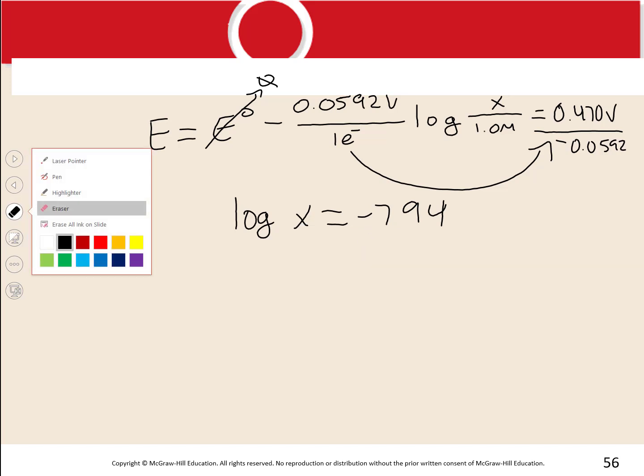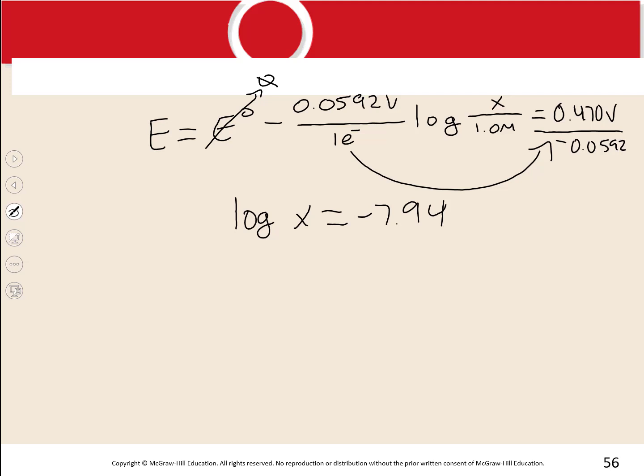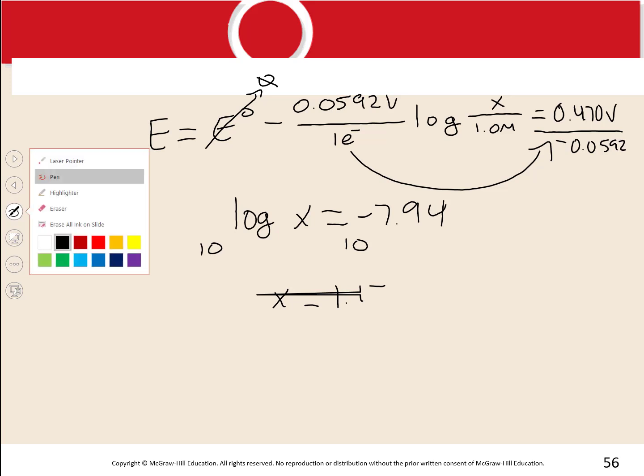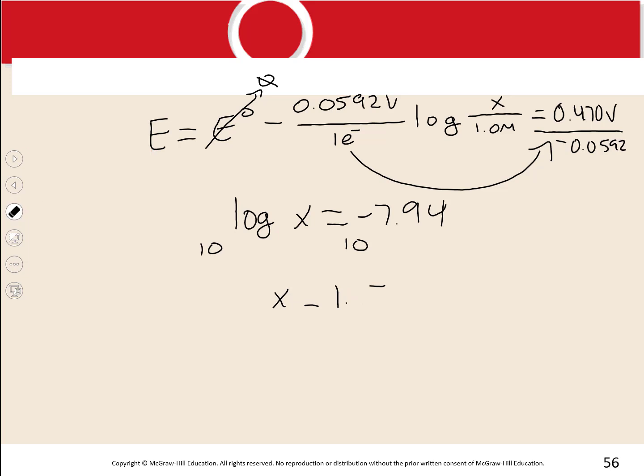Now what do we do next to get rid of that log? 10 to both sides. And we get that x is equal to what? Good. 1.15 times 10 to the -8.